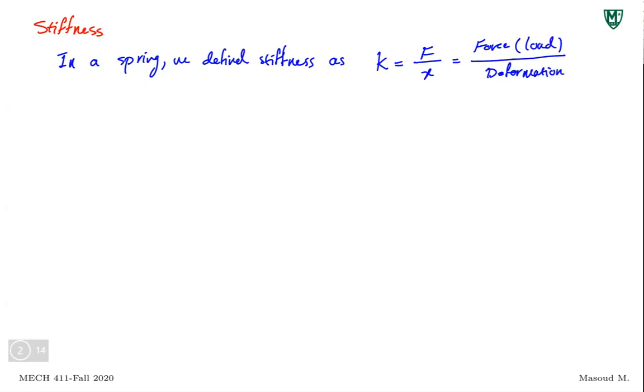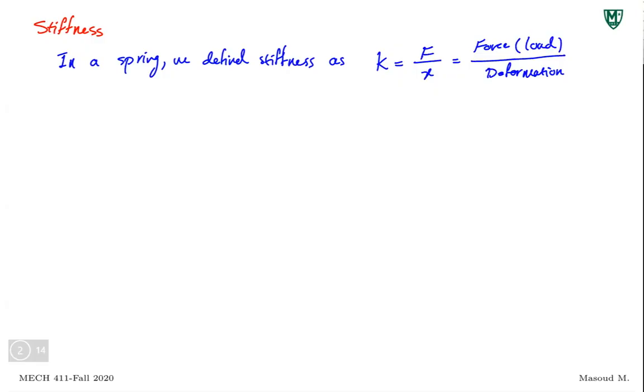Now we can use this similar logic for other systems. I'll call it spring-like behavior. When we have longitudinal deformation or transverse deformation or even torsional deformation, we are applying some force.